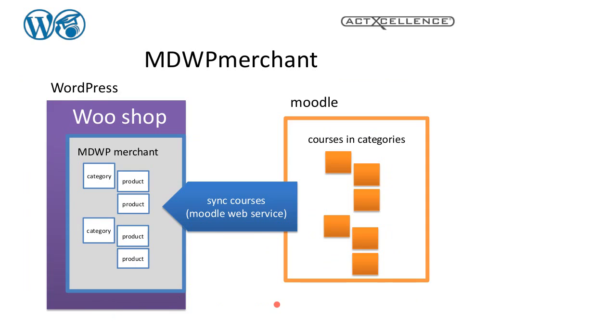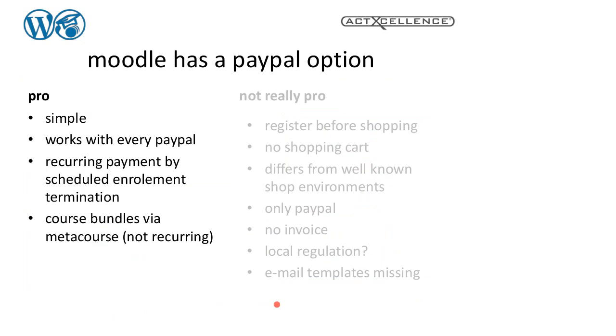And I also wanted to say something about the Moodle plugin. Moodle has a PayPal option, and I think it's really good if it meets your requirements. It's very simple, and it works with every PayPal account. You don't need a commercial PayPal account. It just works with your private PayPal account.